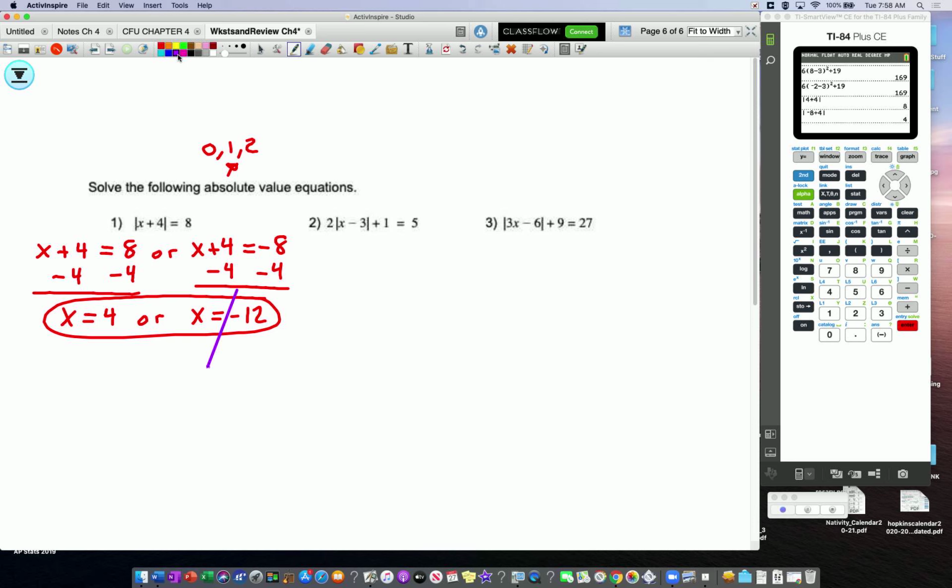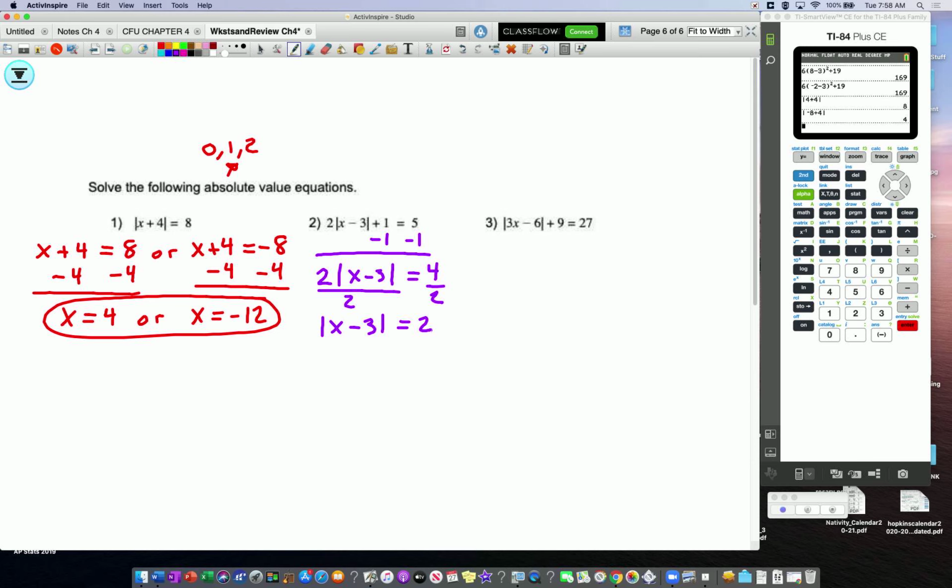Sweet. All right, let's take a look at the second one here. I got some math to take care of on the outside. So the first thing I have to do is subtract 1. So I have 2, absolute value, x minus 3 equals 4. Then I have to divide by 2. So the absolute value of x minus 3 equals 2.